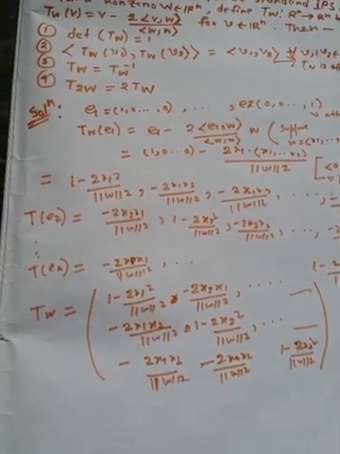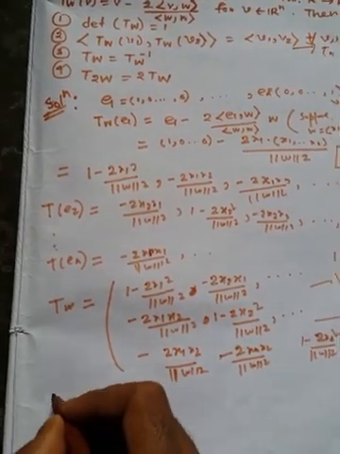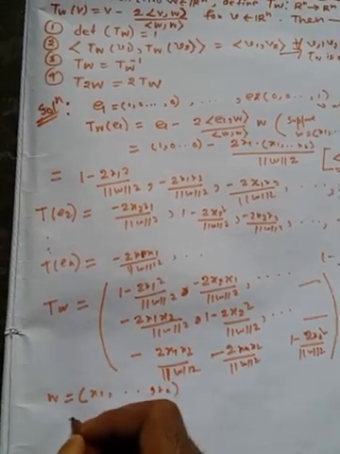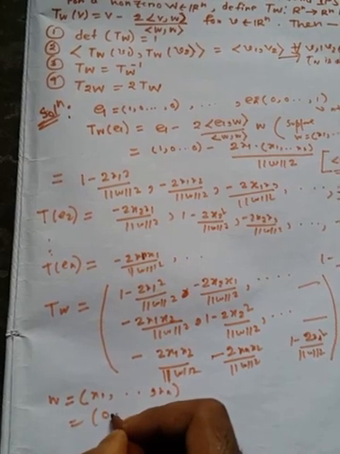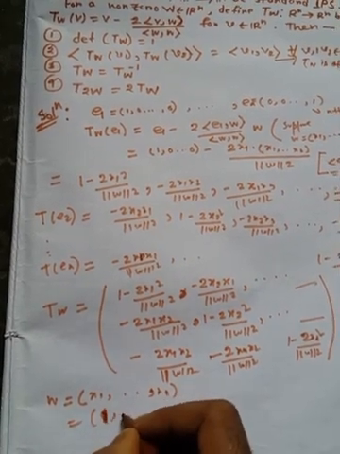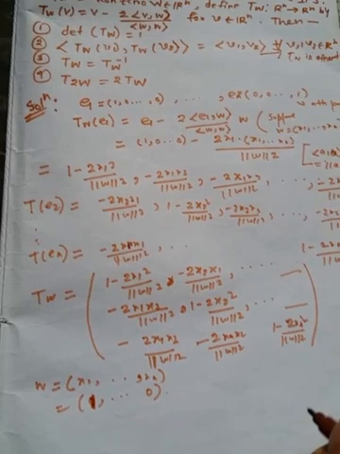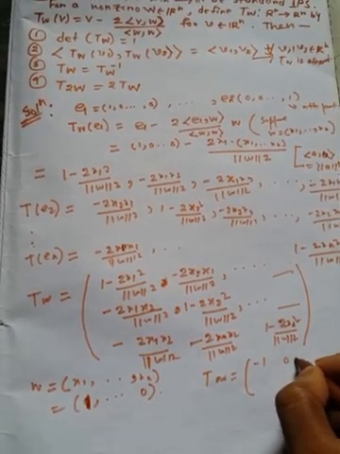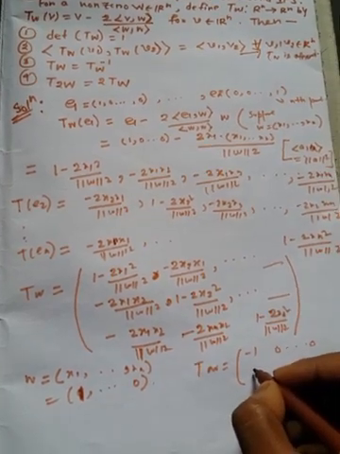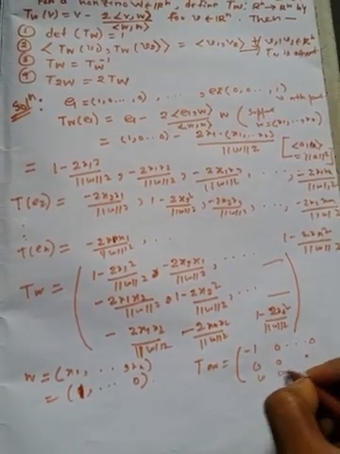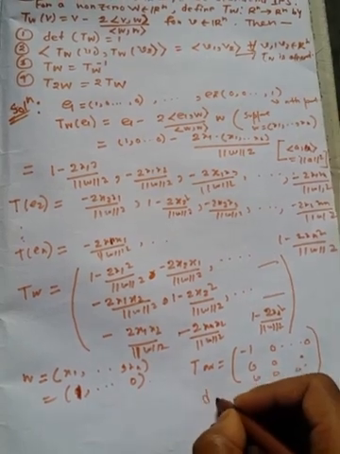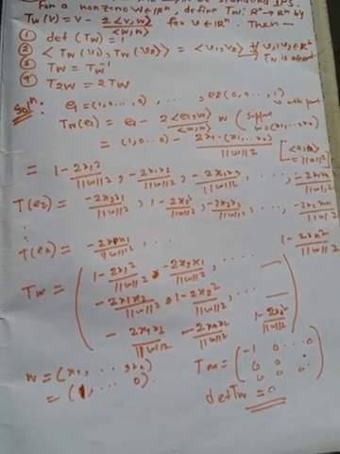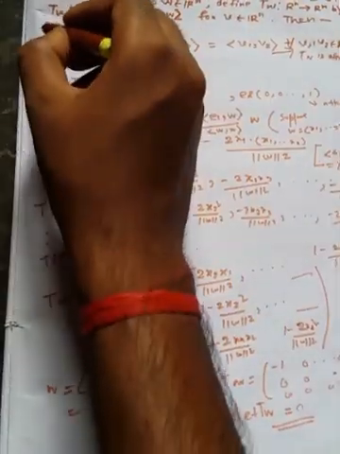First we take x1 equal to 1 and all others 0. Then TW becomes minus 1 and all others 0. So what is the determinant of TW? It is obviously 0, so option 1 is not correct.